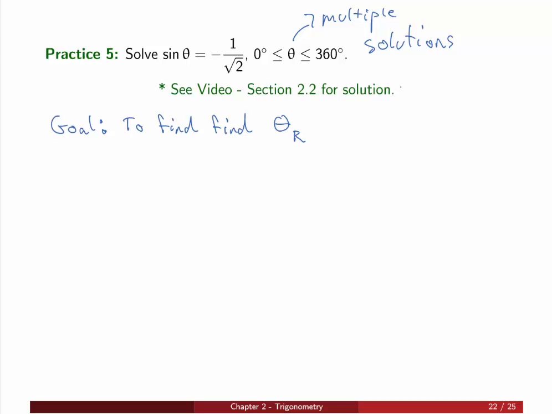How we're going to do this is we're going to take advantage of -1 over root 2, the negative sign, and this value. Where do you see this value before? It should ring a bell with this special triangle where you have 1, 1, square root 2, and 45 degrees. This is a 45 degree special triangle.